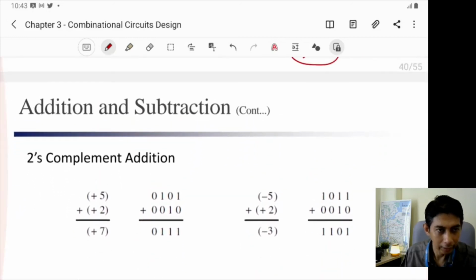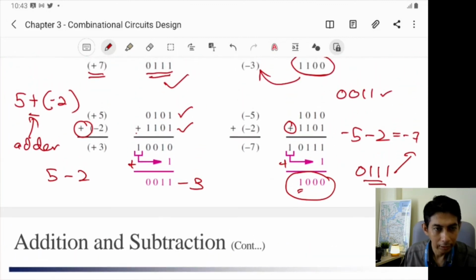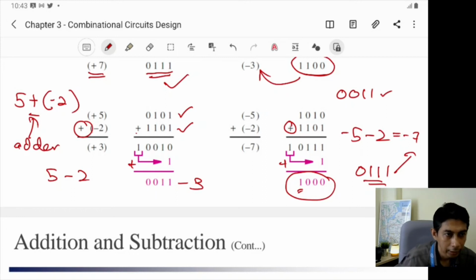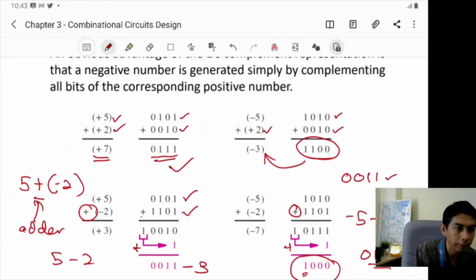Okay, good. Now the problem is that you see here, when the result is positive, or in this case, not positive, sorry, in this case, we don't have carry, right?